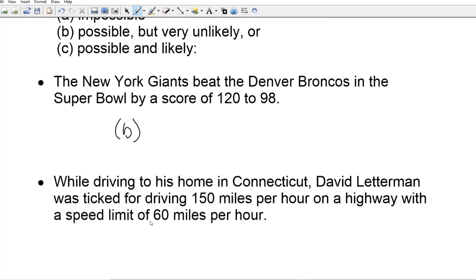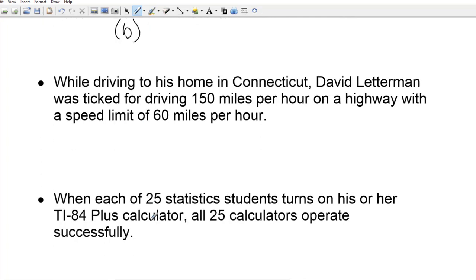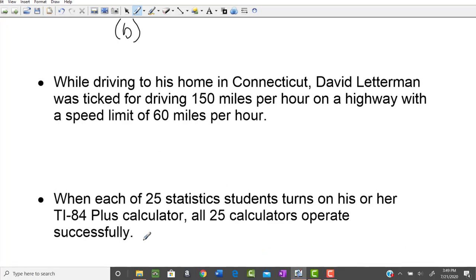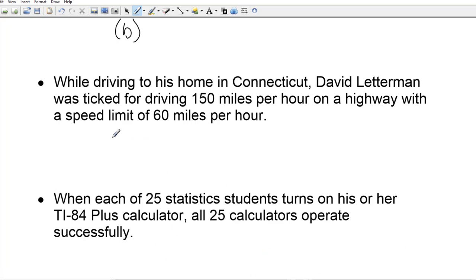How about this: while driving to his home in Connecticut, David Letterman was ticketed for driving 150 miles per hour on a highway with a speed limit of 60 miles an hour. So basically, it could be possible but very unlikely, or possible and likely.